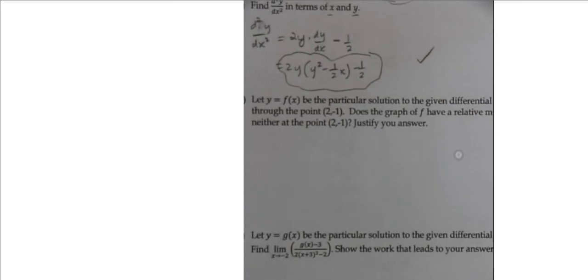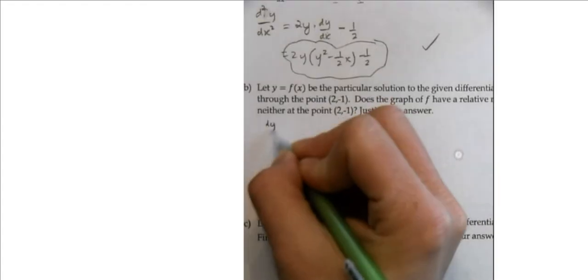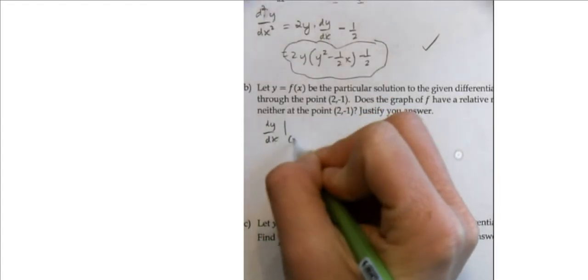So let's go back and think about what it means to be a relative max and relative min. What is the first thing you would find? Two words, one starts with C, one starts with N. Critical numbers. So what is a critical number? It's when the derivative is 0 or does not exist. So let's see what's going on with dy/dx at (2, -1).